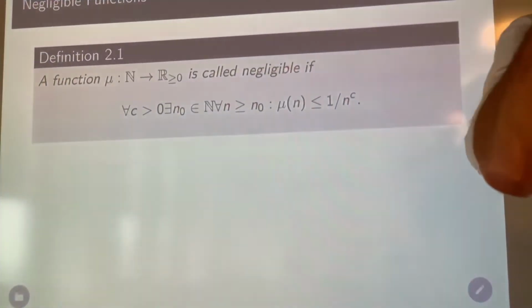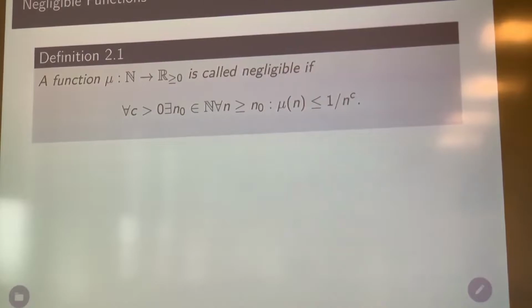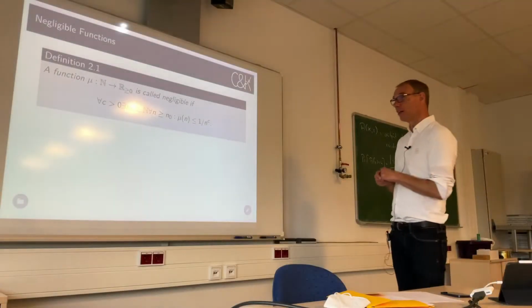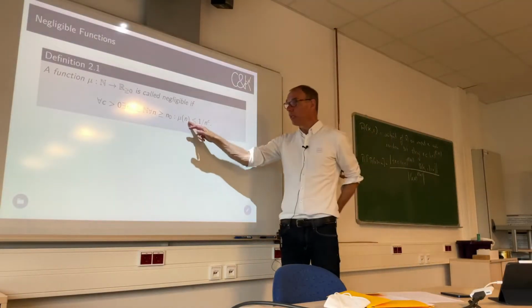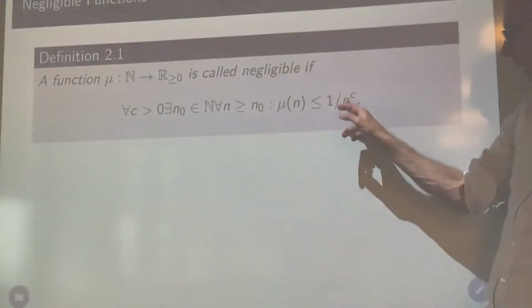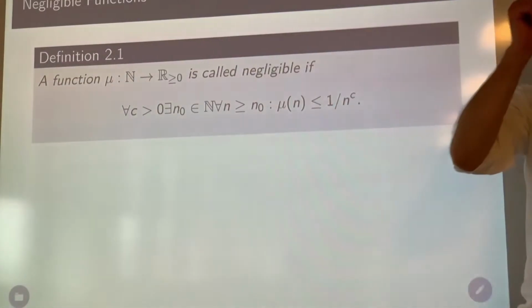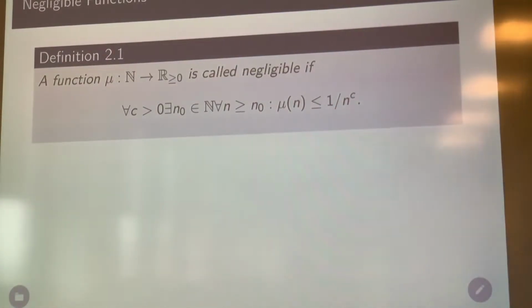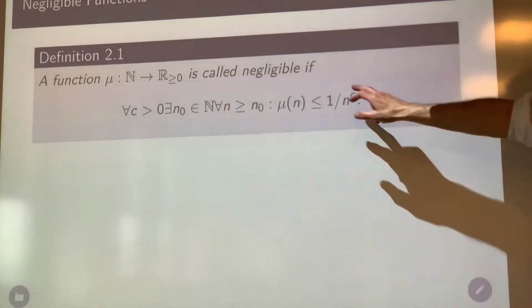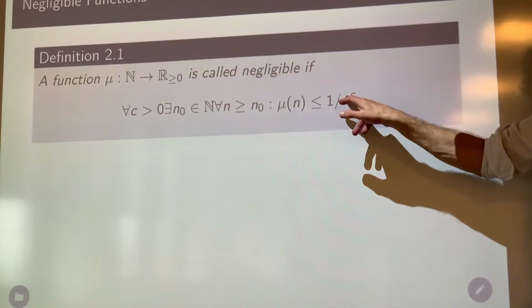If you remember your definition of a continuous function, this looks like the quantifiers that you have here. What does that mean? n to the c, c is fixed. For fixed c, n to the c is a polynomial of degree c. This is 1 over n to the c.